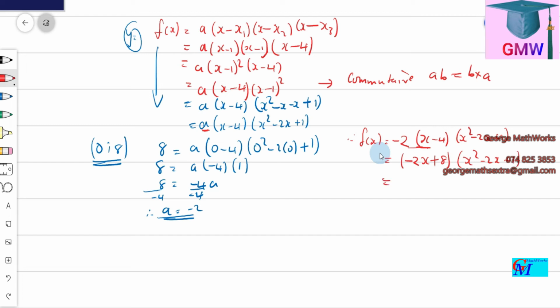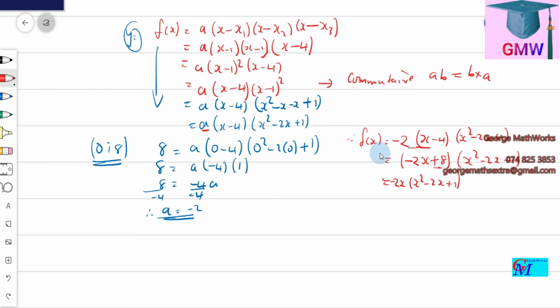So this is equals to, now I'm expanding this, everything in this bracket will multiply everything in this bracket. To those who do not understand, you can do it this way. You can have minus 2x here, multiplying everything there, x squared minus 2x plus 1.